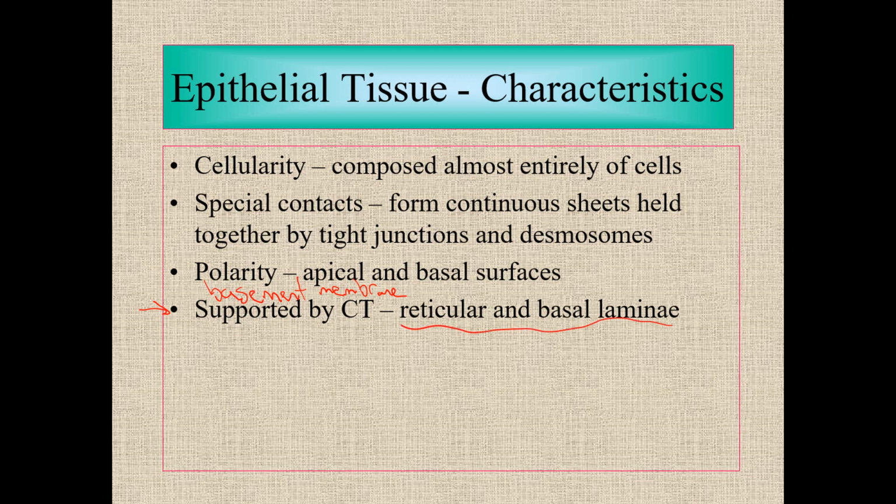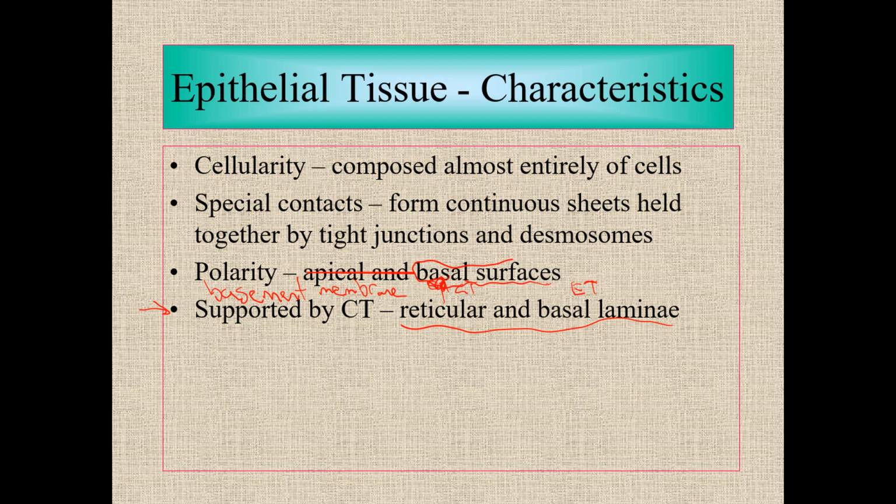All right, the reticular lamina is secreted by the connective tissue, and the basal lamina is produced by the epithelial tissue. And so we see that deep to all epithelial tissue is connective tissue. So what that means is that at that junction, an epithelial cell will always be in contact with this basal lamina, this part of the basement membrane.